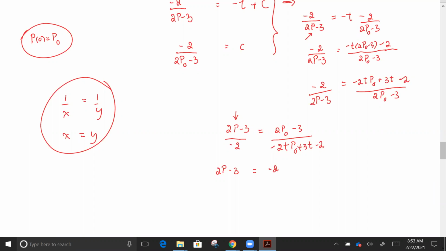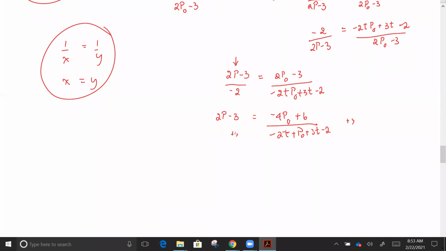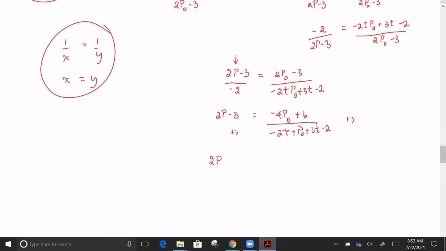I think we can go ahead and multiply by negative 2 to be negative 4P0 plus 6, divided by negative 2tP0 plus 3t minus 2, and then plus 3 both sides. And then we get 2P equals negative 4P0 plus 6 divided by negative 2tP0.